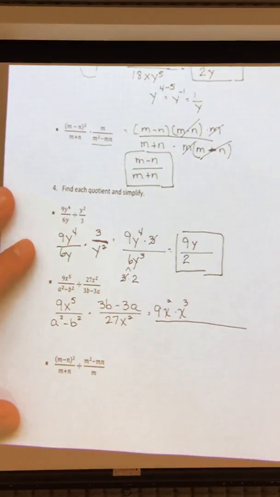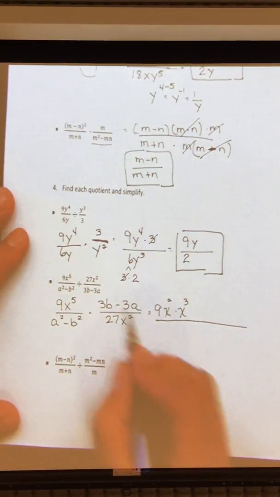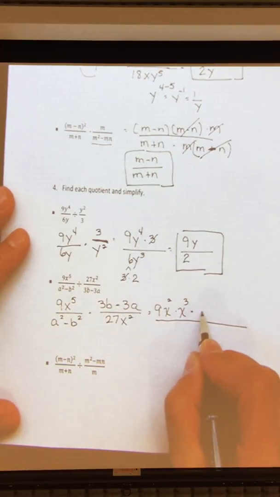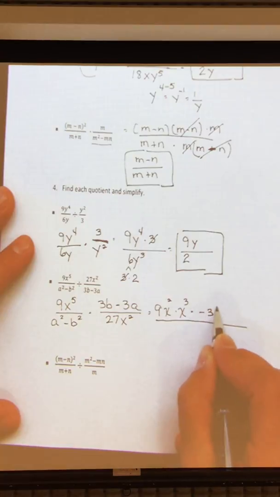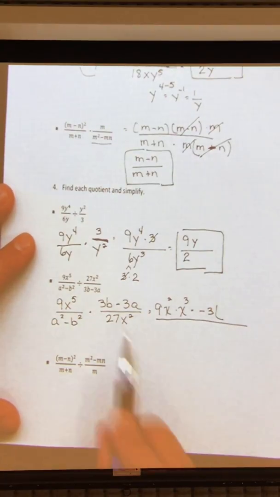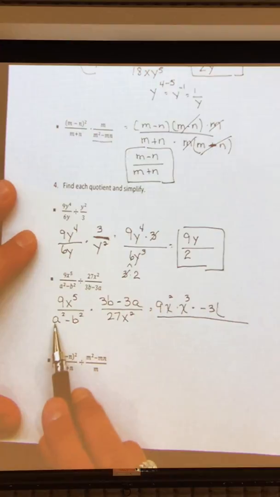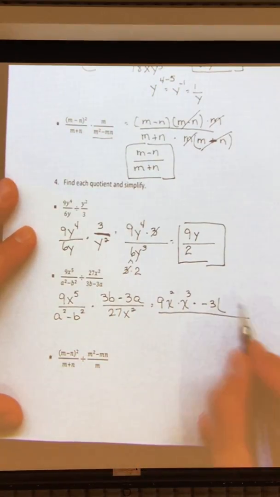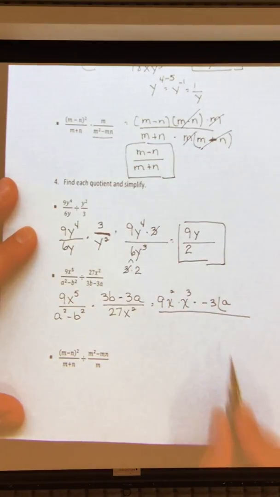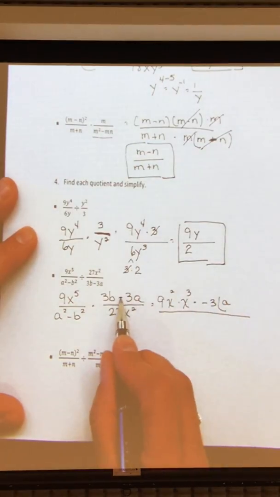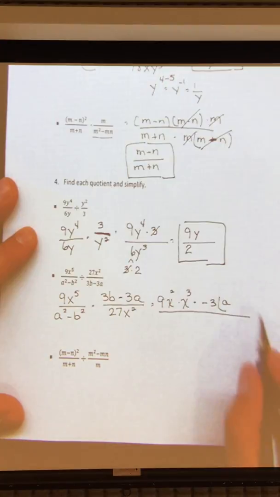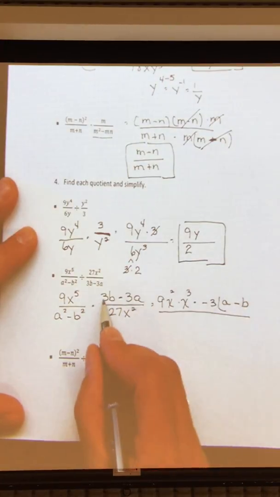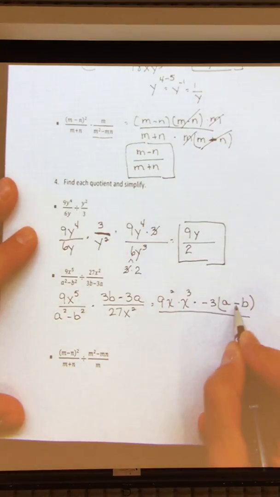The 3b minus 3a, you can factor out a negative 3. So here we have a negative 3. And let's change the b and the a because you have a minus b. Let's write our a first here. So we have a. Negative 3 times a gives us negative 3a. Negative 3 times negative b gives us a positive 3b.